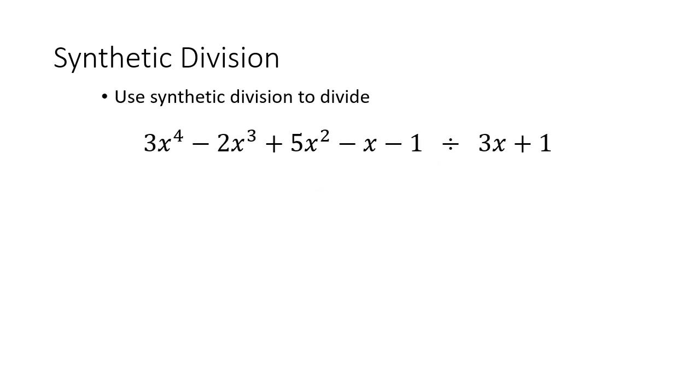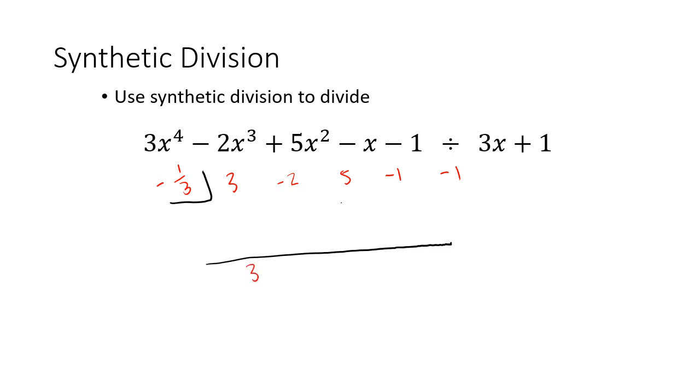All right, one more example here. So if 3x plus 1 is my linear factor, and so 3x plus 1 is x minus a, that means I'm going to put a negative 1/3 in this box. Okay, so that means that I bring down my original coefficients: 3, negative 2, 5, negative 1, and negative 1. So let's do this math here.